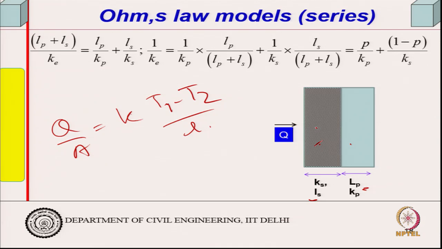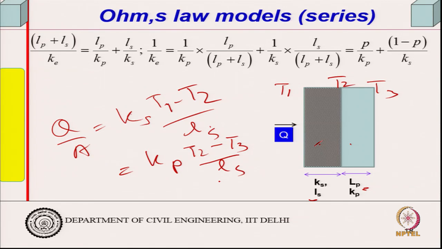So, if this is T1, this is let us say T2, this T3, then T1 minus T2 divided by L solid over K solid, and area is same, must be equal to K of the pore into T2 minus T3 divided by Lp, and equivalent conductivity will be defined as Q into Ls plus Lp divided by A into K equivalent, into T1 minus T3, right, T1 to T3.